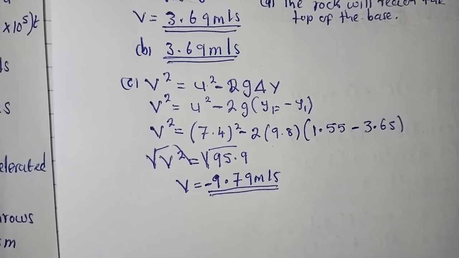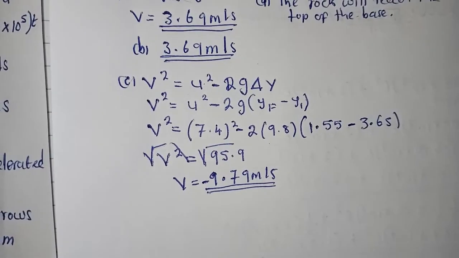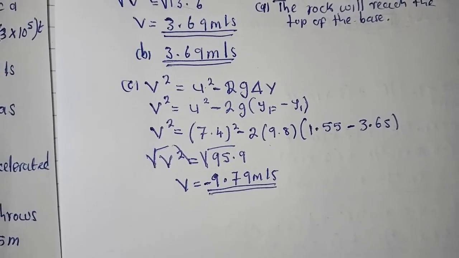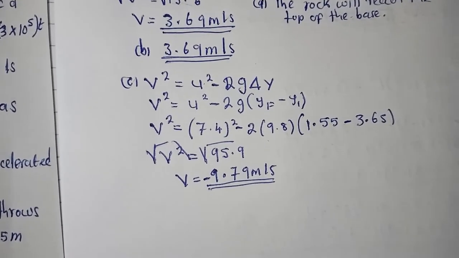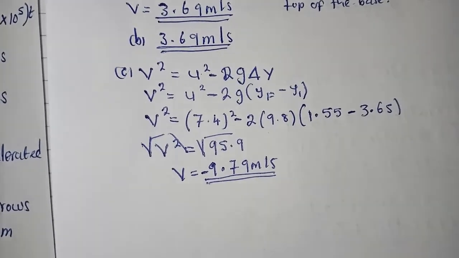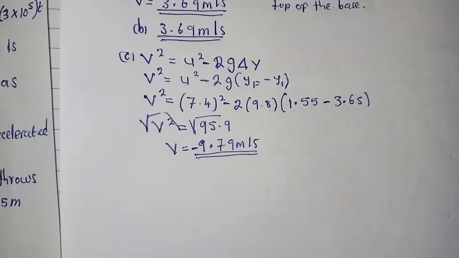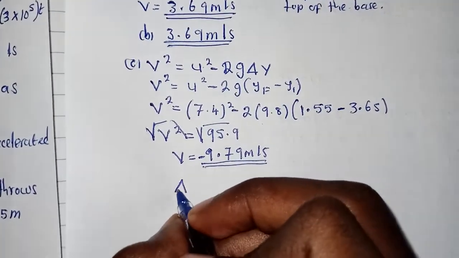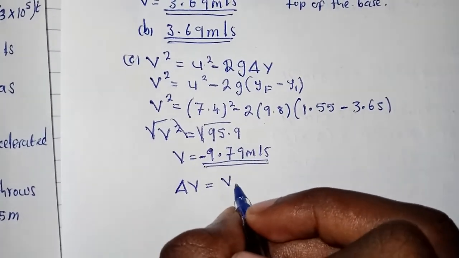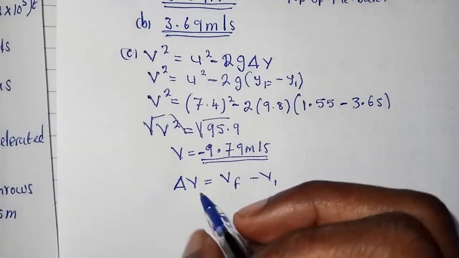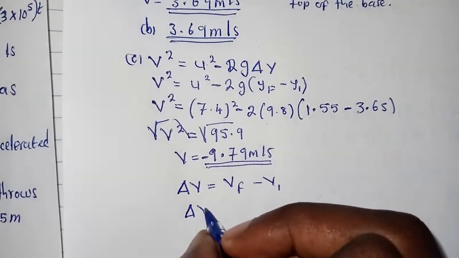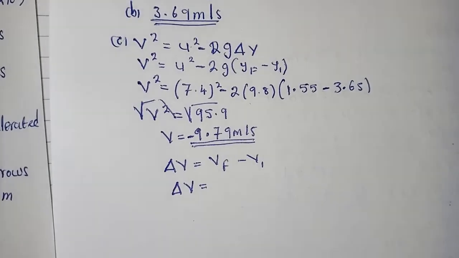Now the question was, find the change in speed of a rock thrown straight down from the top of the wall at an initial speed of that and moving between the same two points. So now we want to find the change in speed, which equals speed final minus speed initial. What is our speed final?